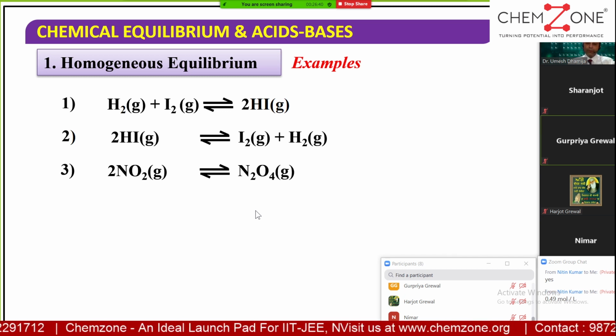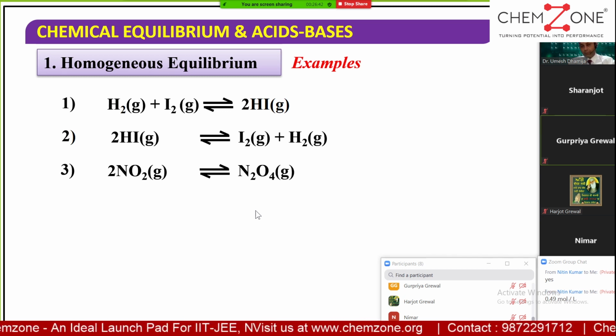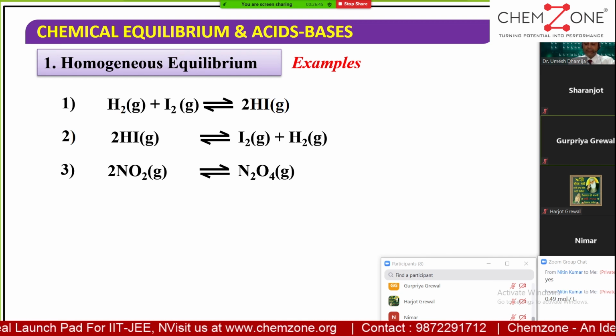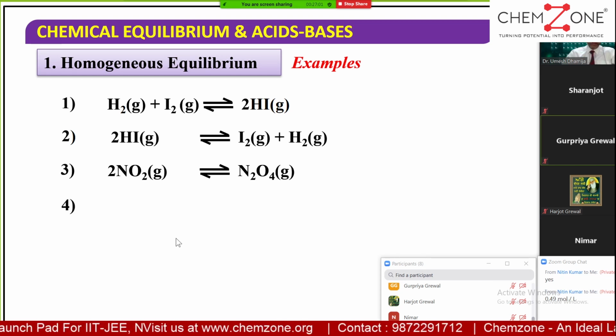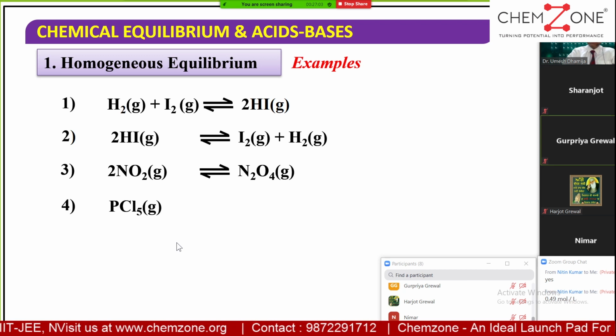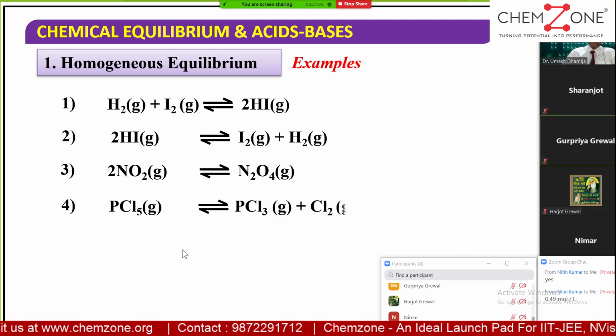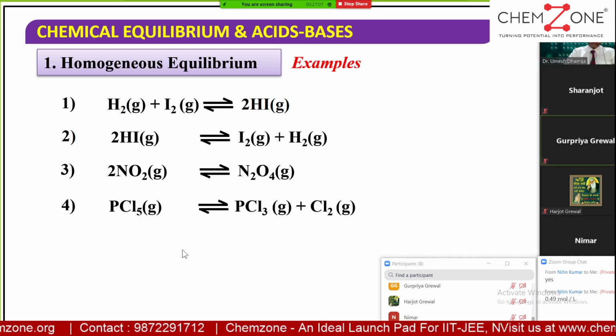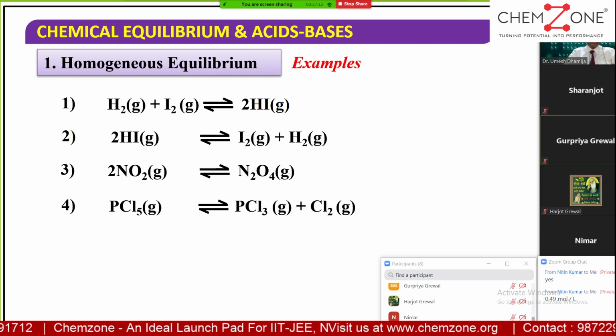O2, NO2 and N2O4, same phase, they are in the gaseous phase. Please note down all these examples that they are in the same phase. So we call them a homogeneous equilibrium.